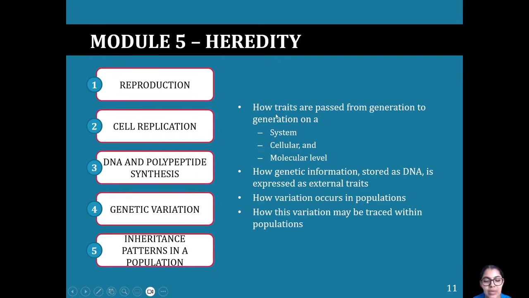We are looking at how traits are passed from generation to generation on a system, cellular, and molecular level. We consider how genetic information stored as DNA is expressed as external traits, then how variation happens in populations, and how we can trace this variation within populations to gather data and then act upon that data.